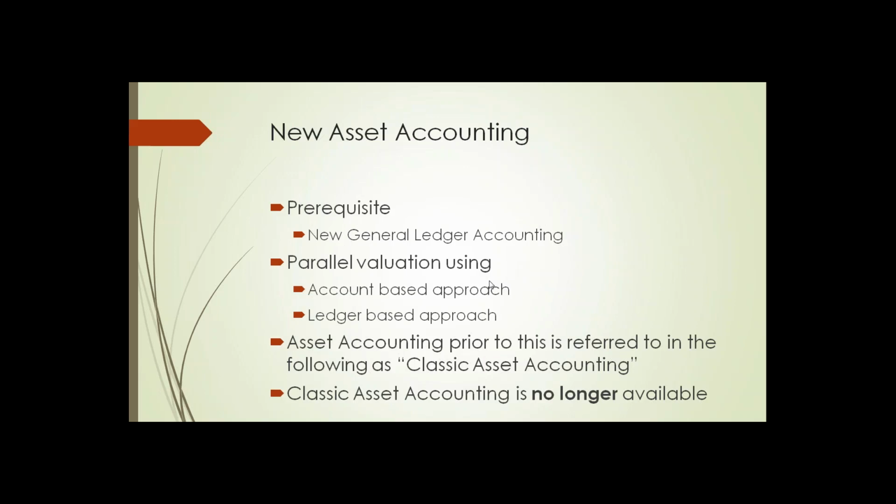Talking about asset accounting, this has a huge impact when you are moving from the old system to the new system, because in the new system, asset accounting has been renamed as new asset accounting.